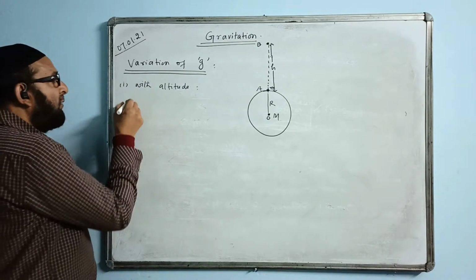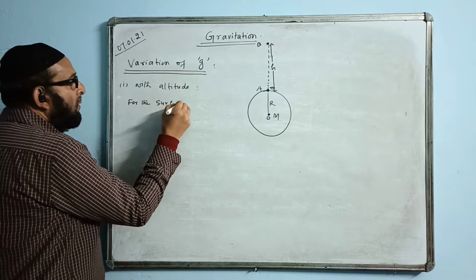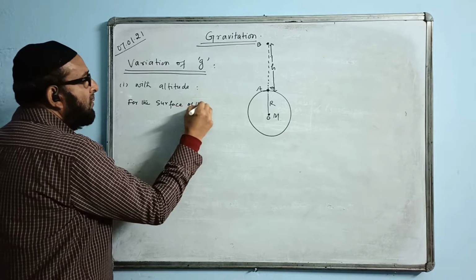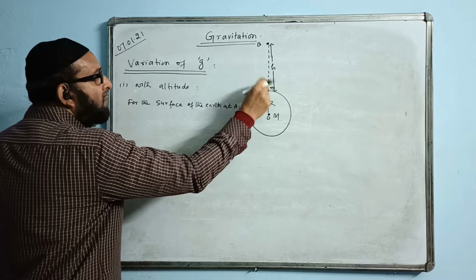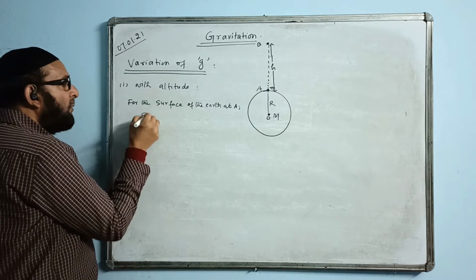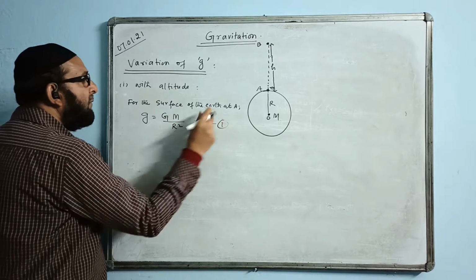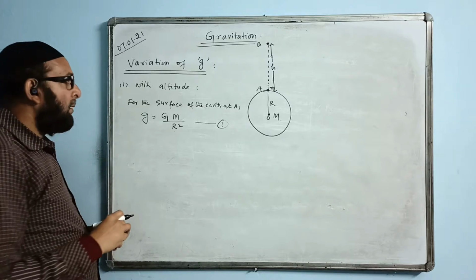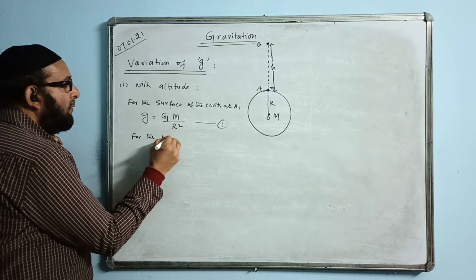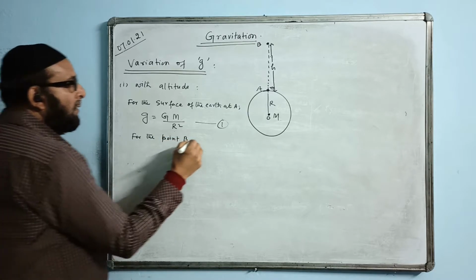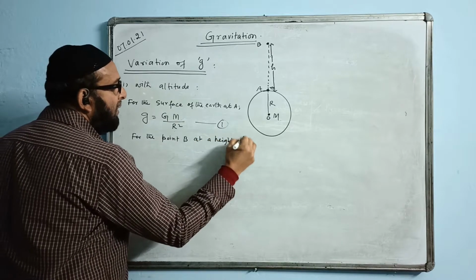So first equation we have for the surface of the earth at A. A is the point on the surface of the earth. Let us write the formula: g is equal to GM by r square. Just now we derived it and we are using that, equation 1. Now we write here for the point B at a height h.